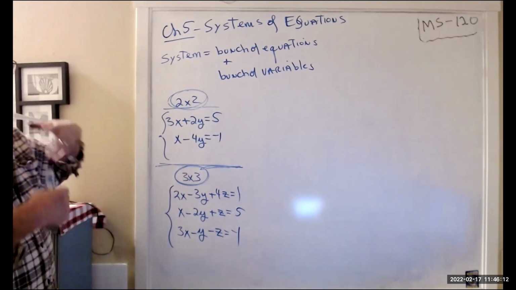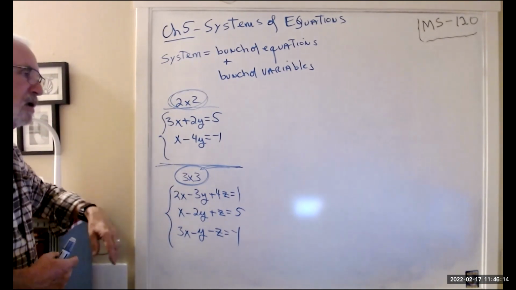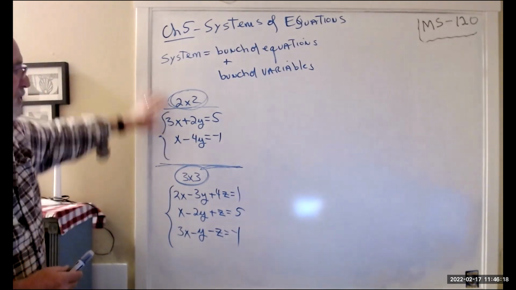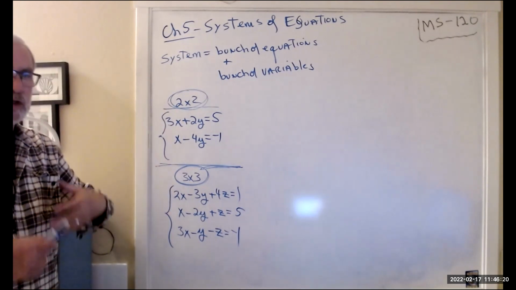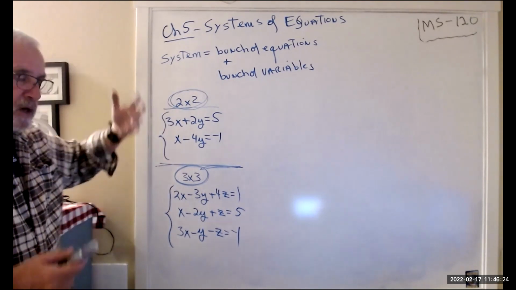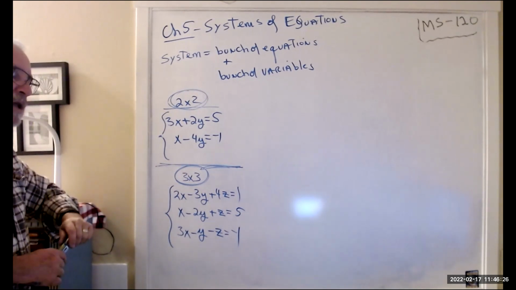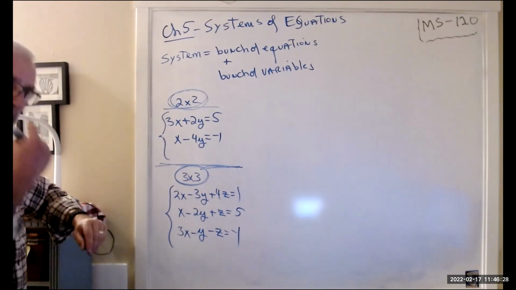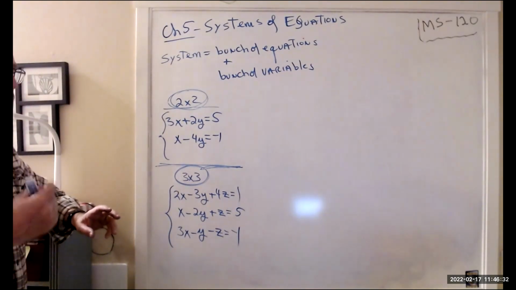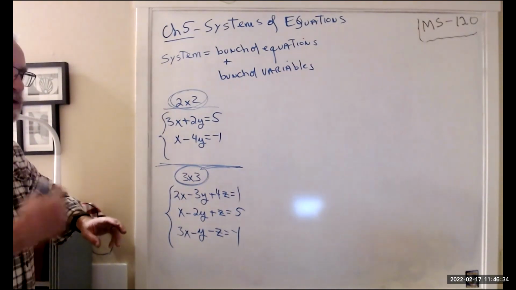Now, supercomputers can deal with systems of 100 equations and 100 variables. If you want to pay $120 for a calculator, a TI-84 can deal with a system of, I think last time I checked, 15 equations, 15 variables.